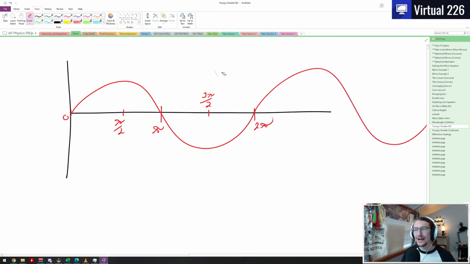So when our light is coherent, what this means is that every single bit of light that comes in is moving up and down along this wave pattern in the exact same way, okay? And they are all going to be at a maximum at pi over 2 at the same time, okay? They're all moving together. Well, if one ray of light has to travel a little bit further, then some really bad things can happen.